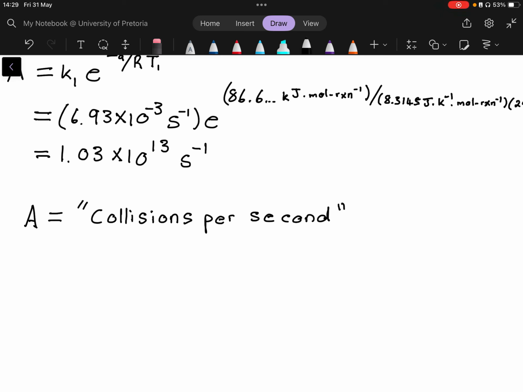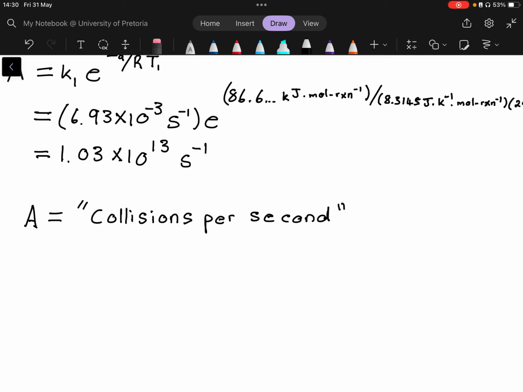That kind of thing. So it's a very, very large number, and A is normally a very large number because molecules constantly collide. There's a lot of molecules. I mean, in 1 mole, there is an unthinkable amount of molecules. I mean, there's 10 to the power 23. That's a massive order of magnitude amount of molecules to have in 1 mole of a substance, which is sometimes not even a handful of something.